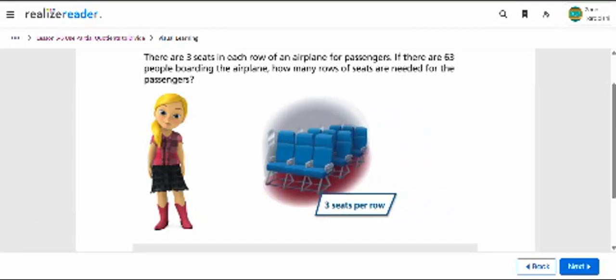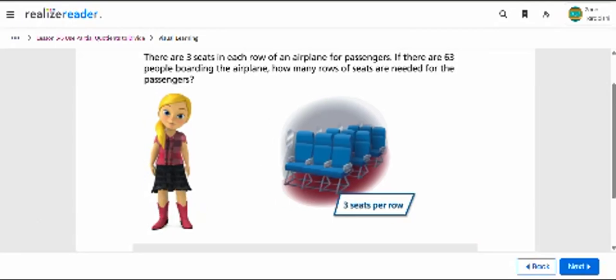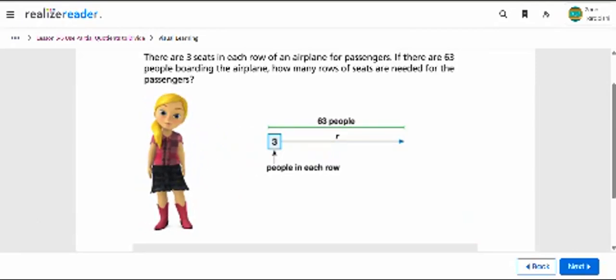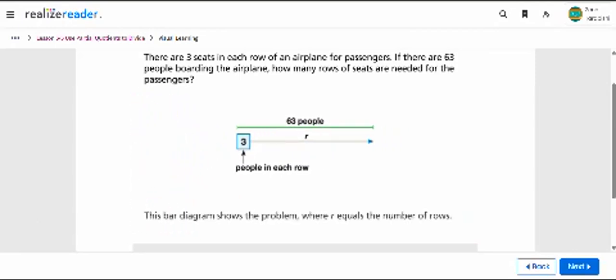There are 3 seats in each row of an airplane for passengers. If there are 63 people boarding the airplane, how many rows of seats are needed for the passengers? This bar diagram shows the problem, where R equals the number of rows.